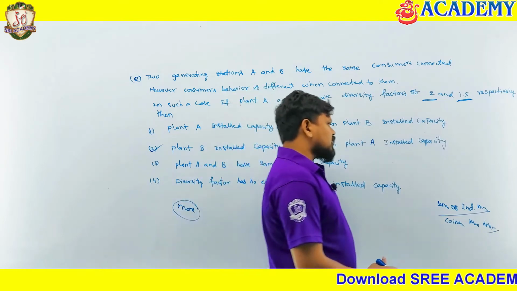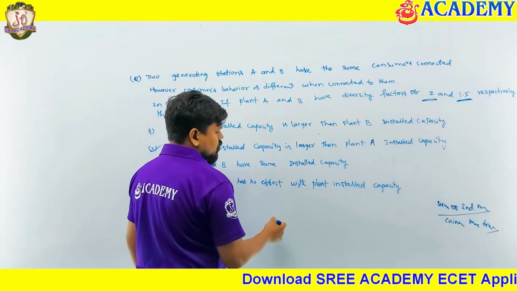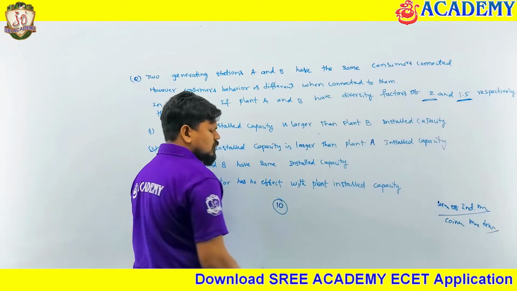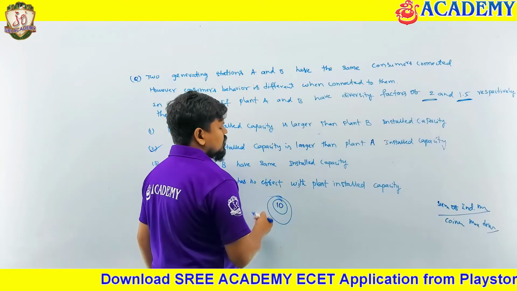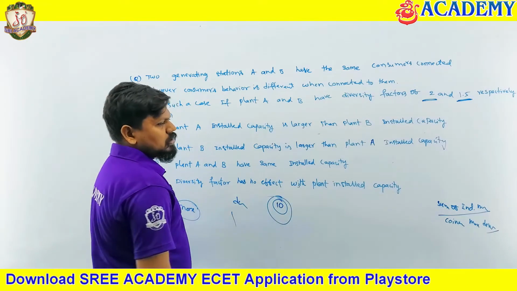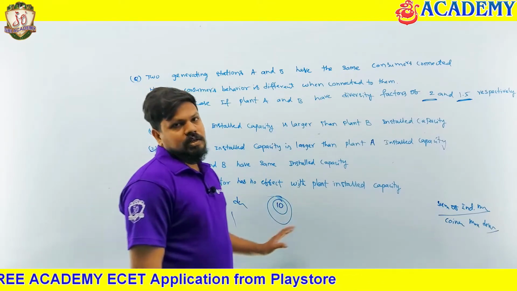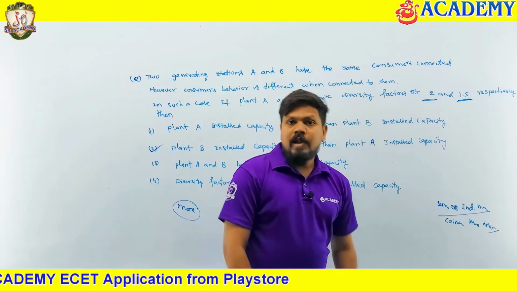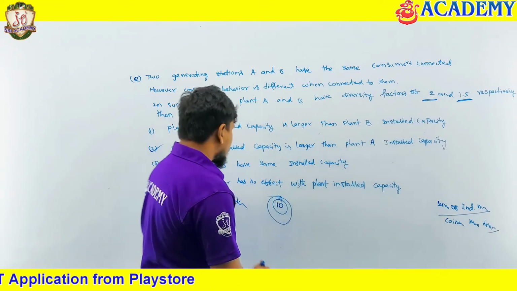Just remember one thing: from this unit, around 10 formulas are there. They are demand factor, load factor, diversity factor, coincidence factor, plant use factor, plant capacity factor, plant utilization factor, service factor, and reserve capacity.